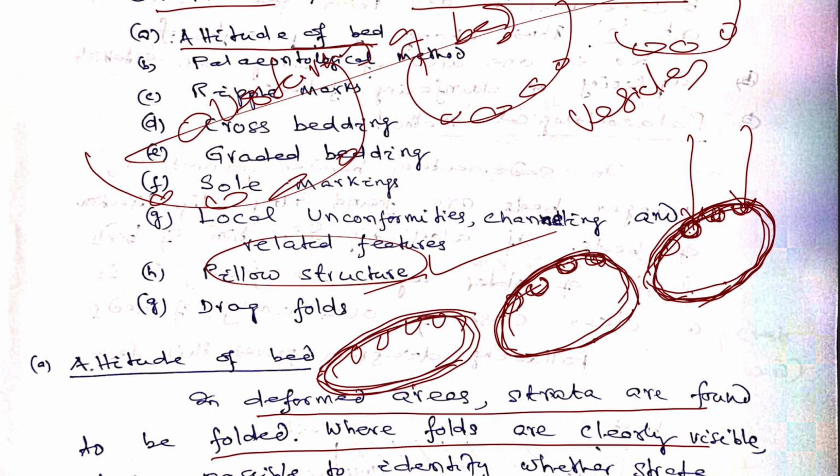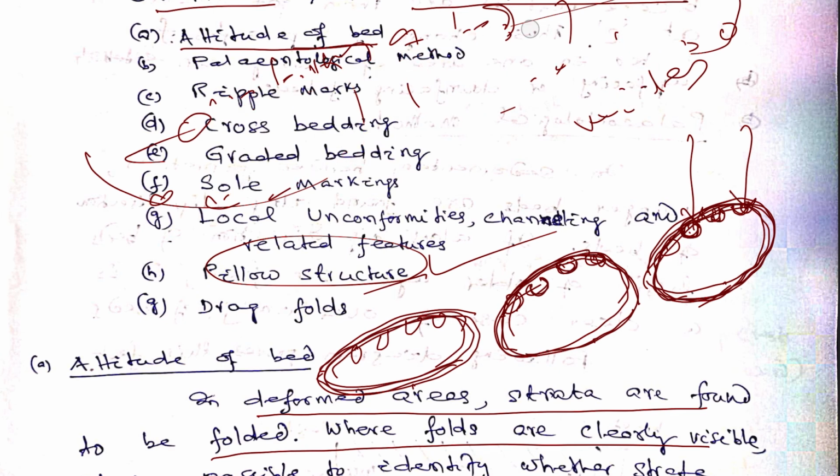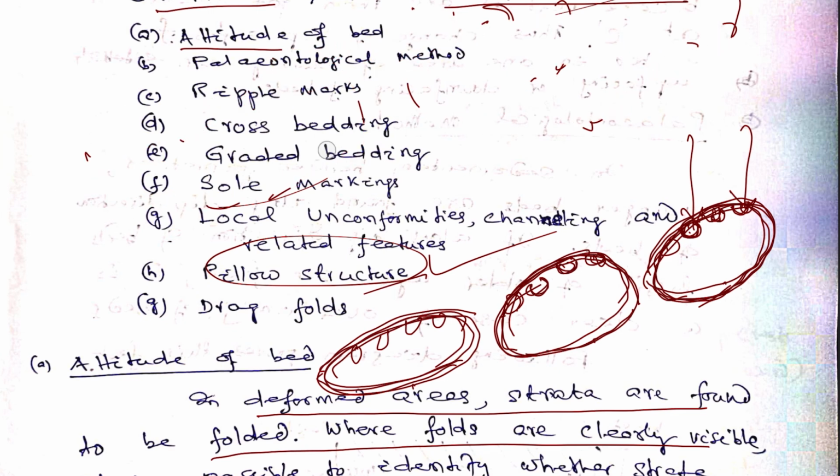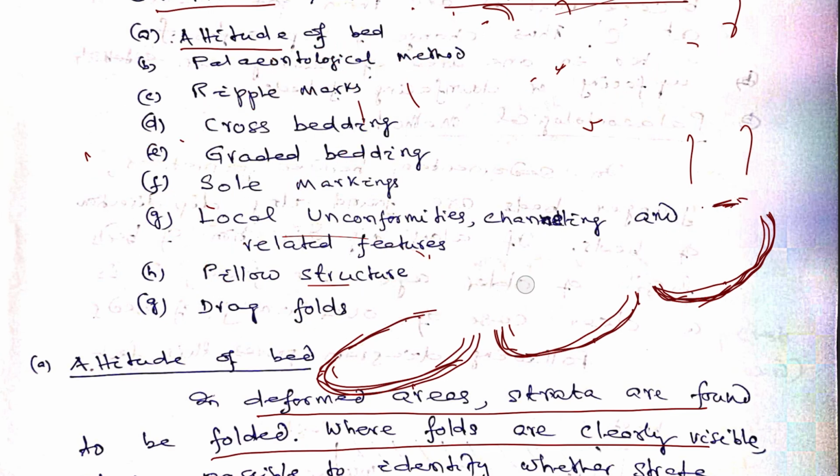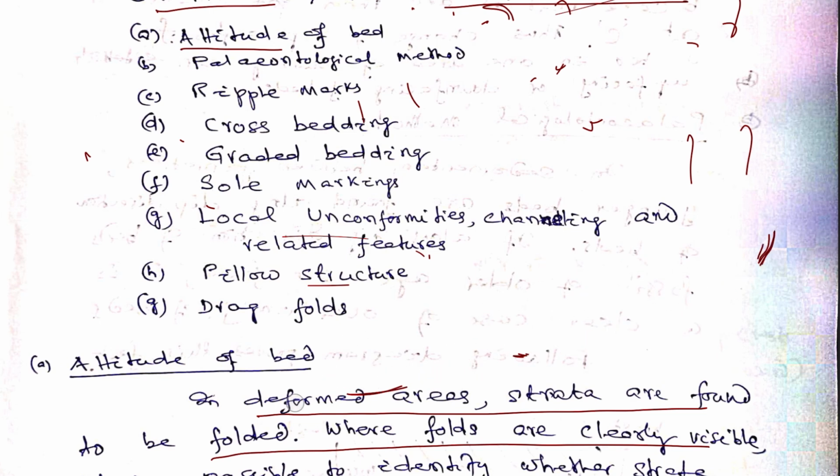So these are some of the points, methods by which it is possible to identify whether the strata are in right side up condition or are totally overturned.